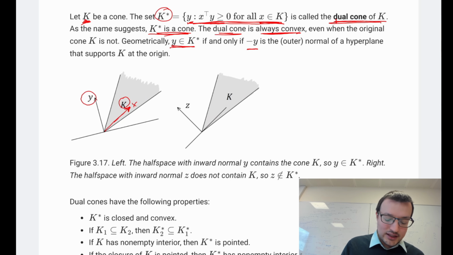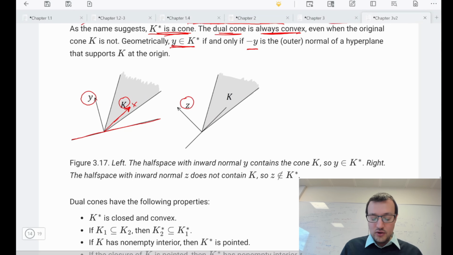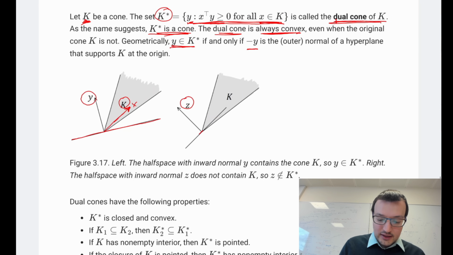The geometric characterization is that if y belongs to the dual cone, then there exists a supporting hyperplane associated to that y. It's not the case if the point does not belong to the dual cone. For instance, if we take this z now and we construct the hyperplane associated to z, we see that this hyperplane is not a supporting hyperplane because it's cutting through the cone K.